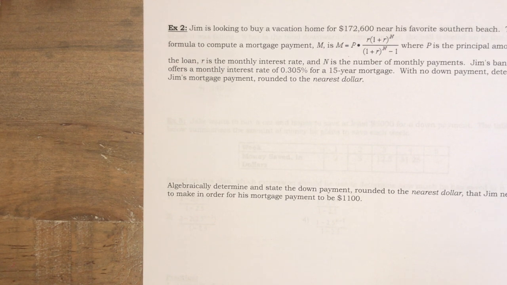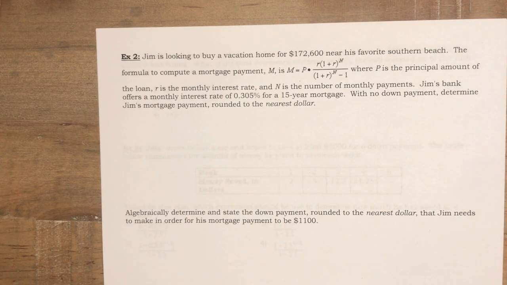So it says Jim is looking to buy a vacation home for $172,600 near his favorite southern beach. Can you guys see this? Sorry.